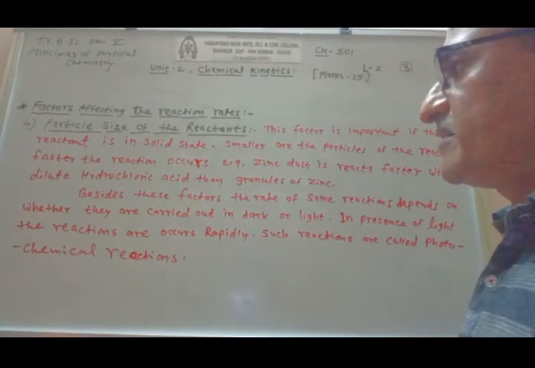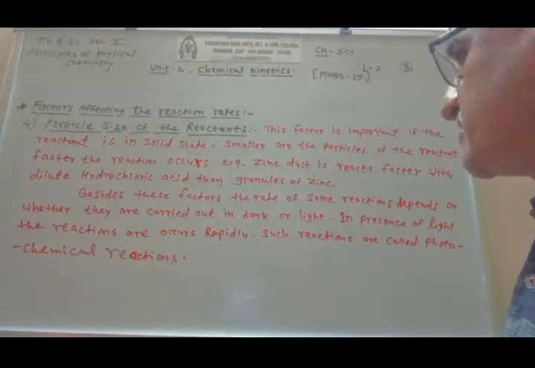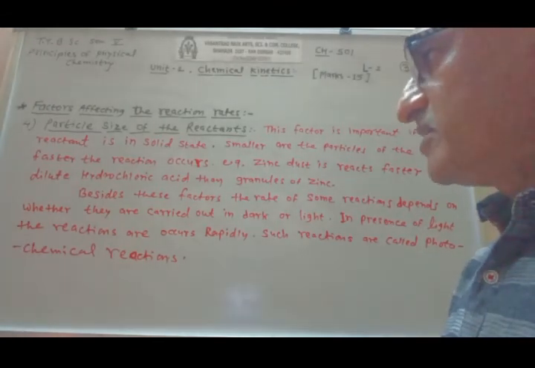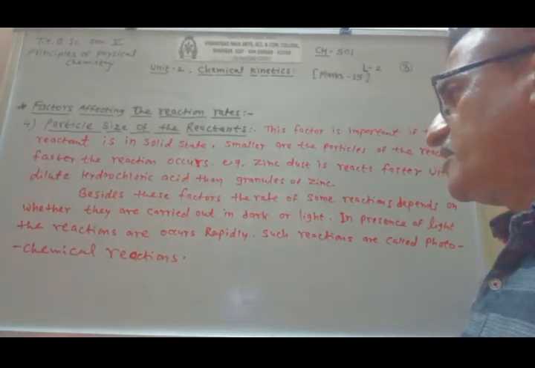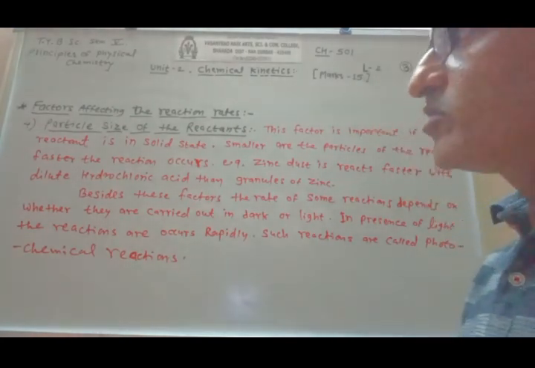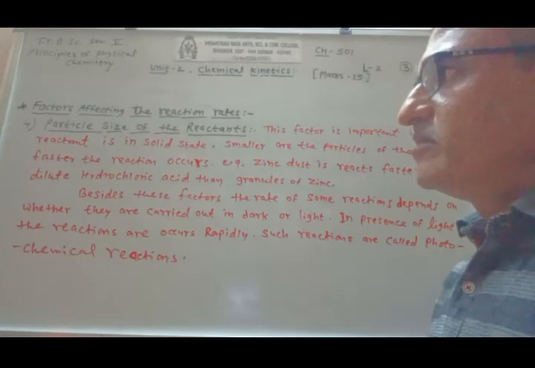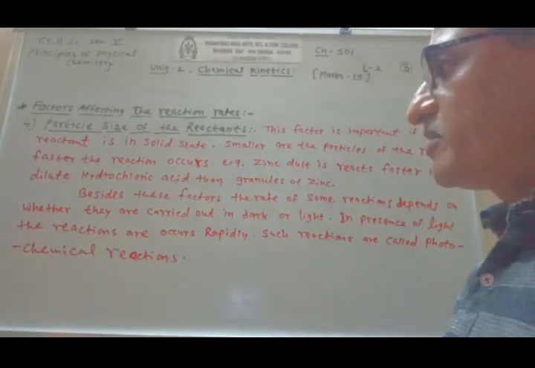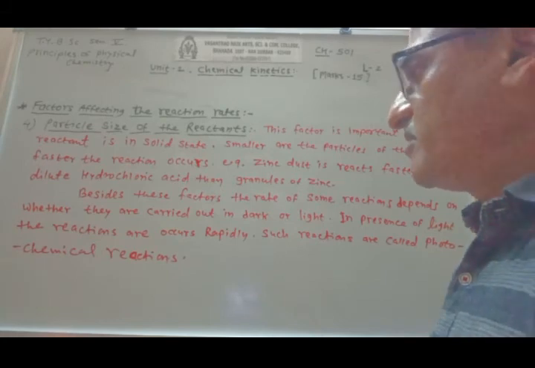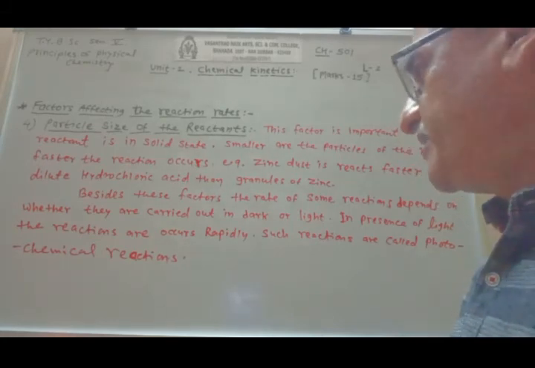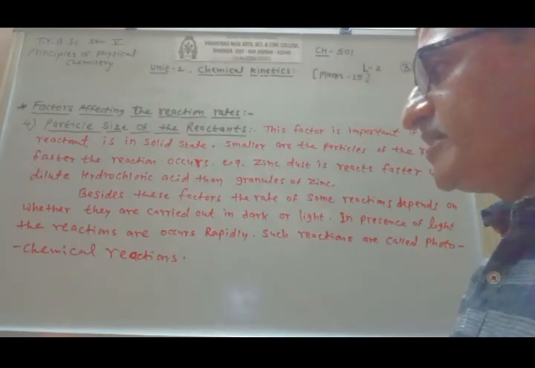Besides these factors, the rate of some reactions depends on whether they are carried out in dark or light. We have already discussed four factors on which the reaction rate depends, but another important factor is light. When a reaction is carried out in the presence of light, the rate of reaction is very rapid.